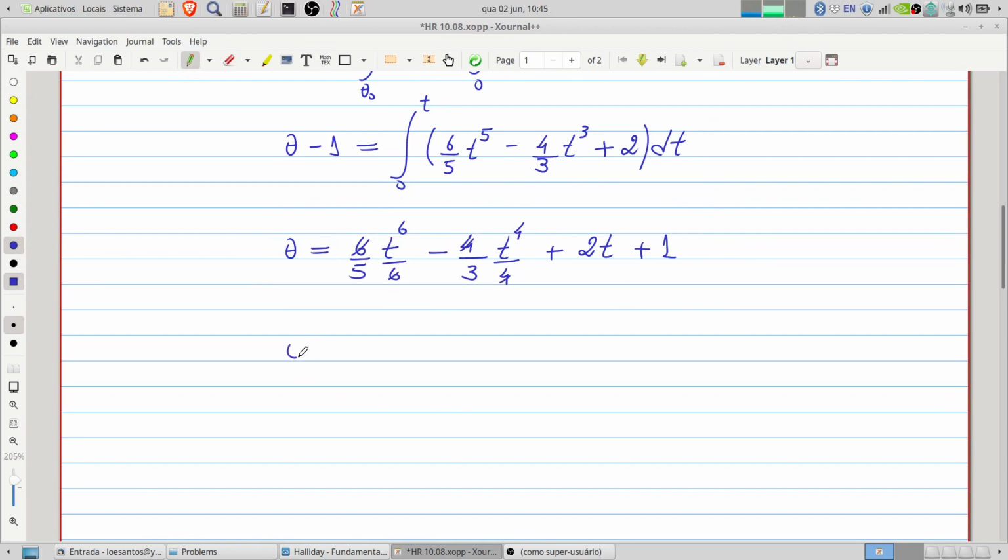So we will have theta as a function of time will be t to the 6th divided by 5 minus t to the 4th divided by 3 plus 2 times t plus 1.